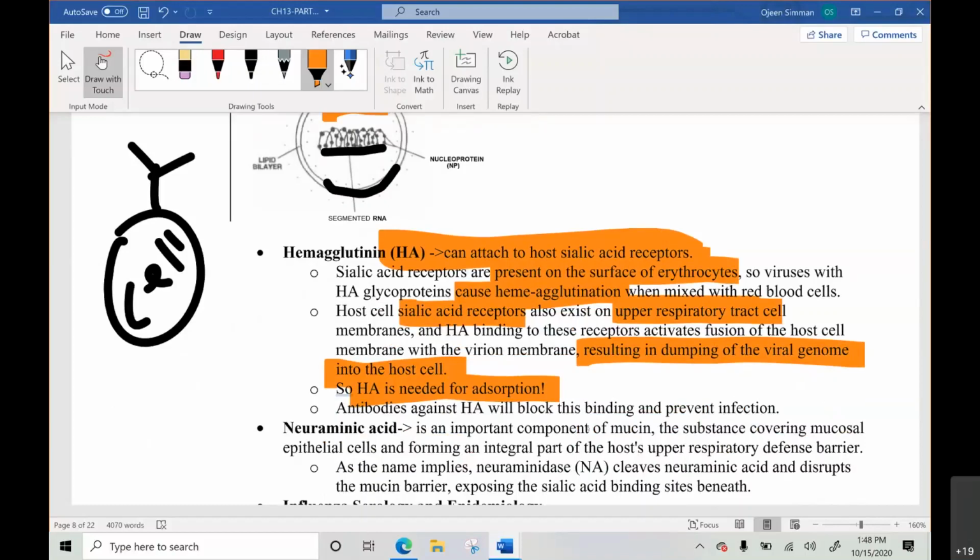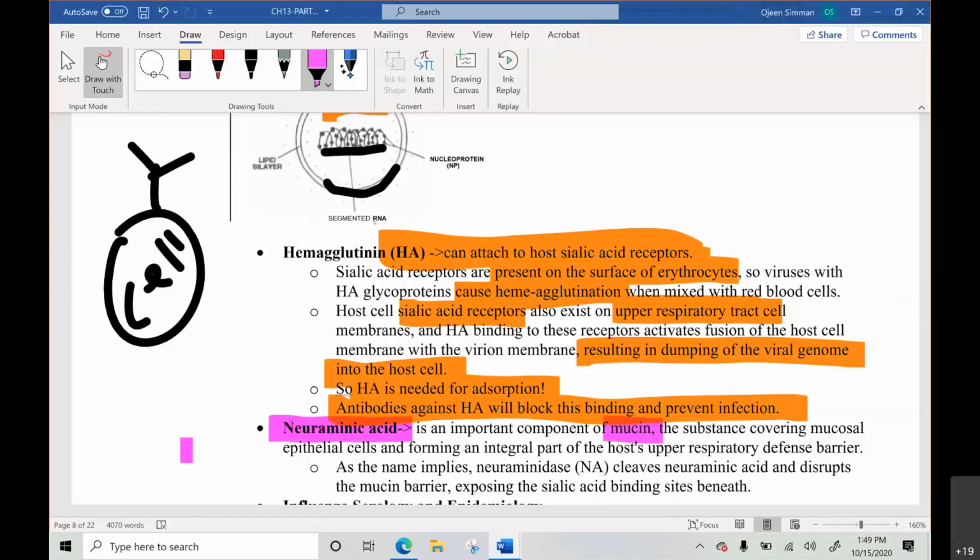Whenever you have antibodies, for example from a vaccine, what they do is block this binding and thereby prevent infection. Now, what is neuraminic acid? Neuraminic acid is an important component of mucin.